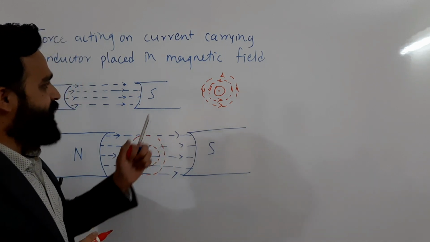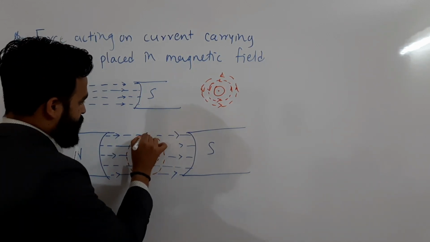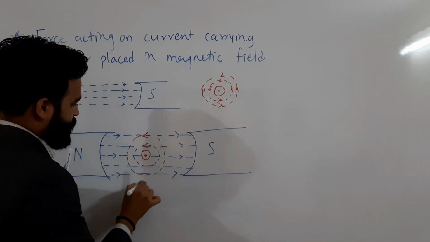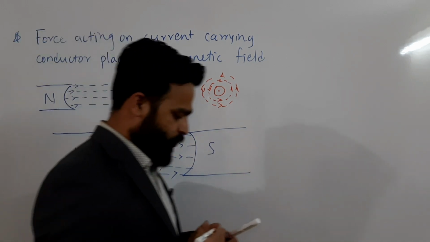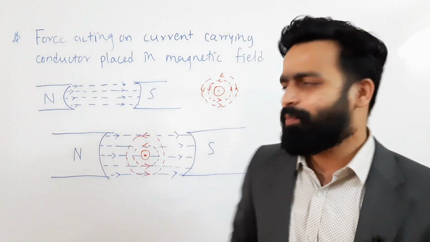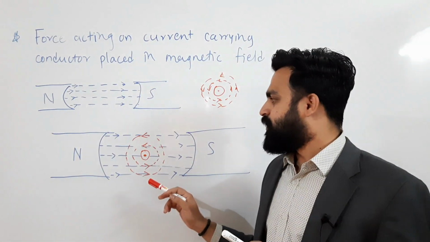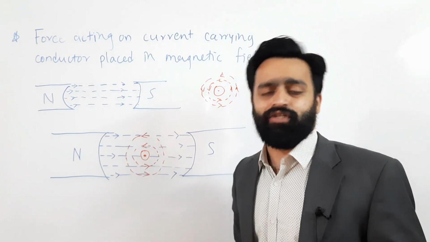Okay, and its direction is anti-clockwise. So here it will be like this, here it will be like this, here it will be like this, and here it will be like this. So I hope now you are able to see there are two magnetic fields. Those will interact with each other.